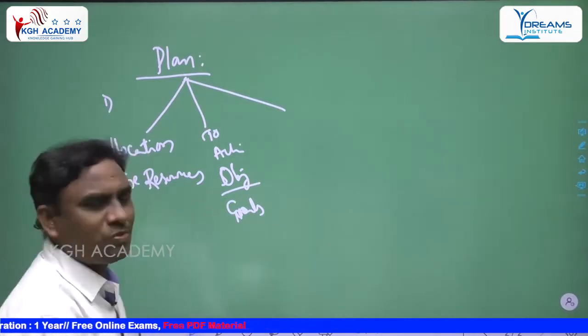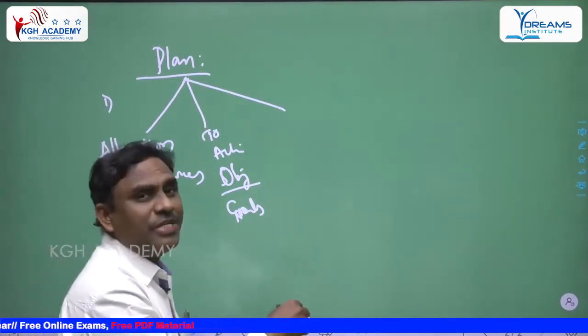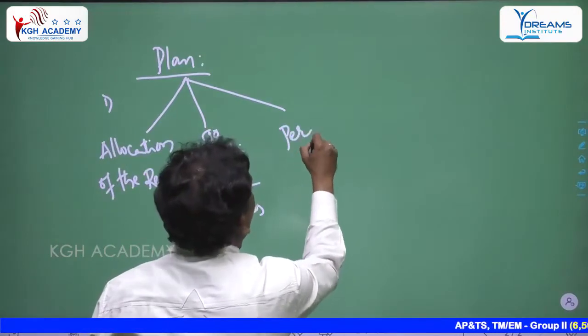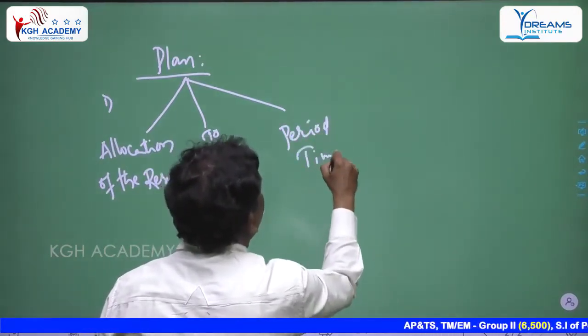Second one is objectives or goals within a particular period of time. This is called a plan.